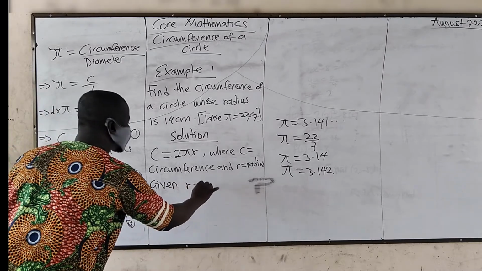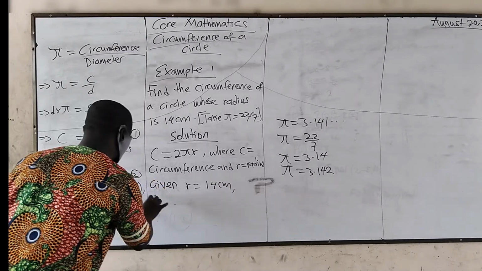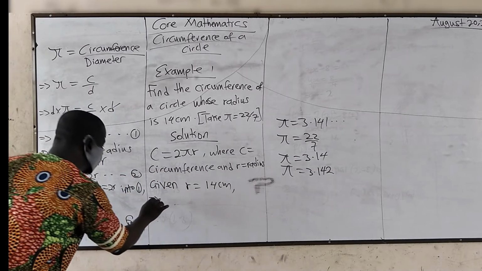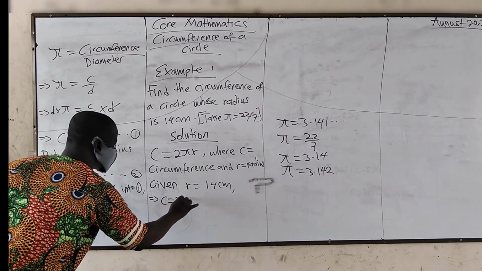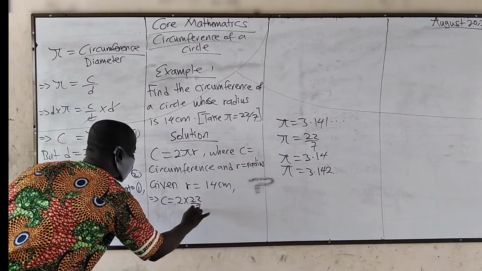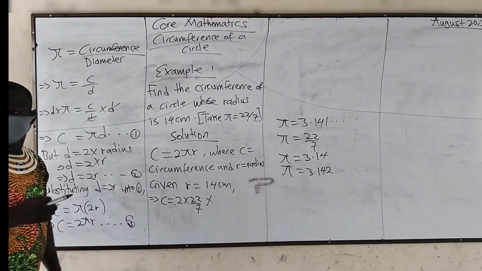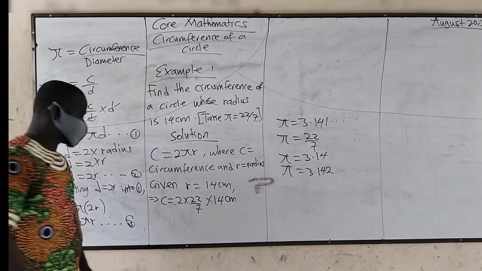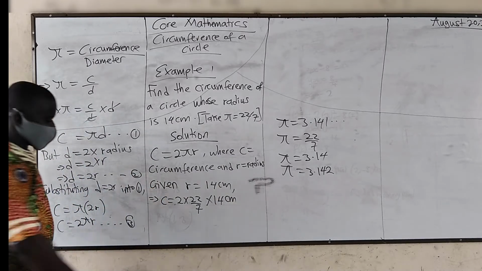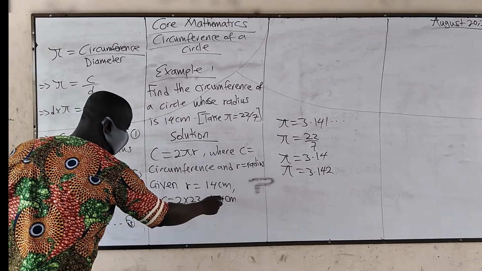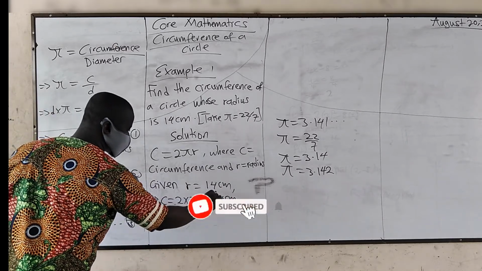Given r to be equal to 14 centimeters, it will imply that C is going to be equal to 2 times pi, which was given as 22 over 7, times 14 centimeters. What happens? 7 divided by itself is 1, and 14 divided by 7 is 2.